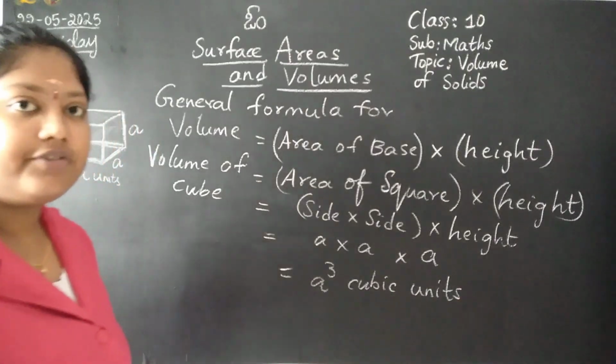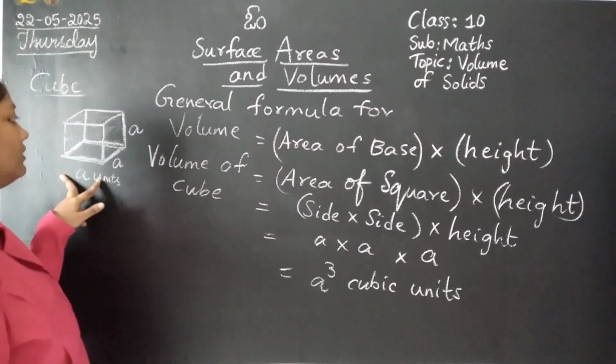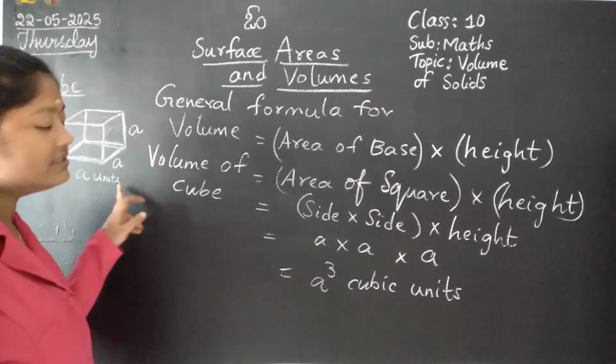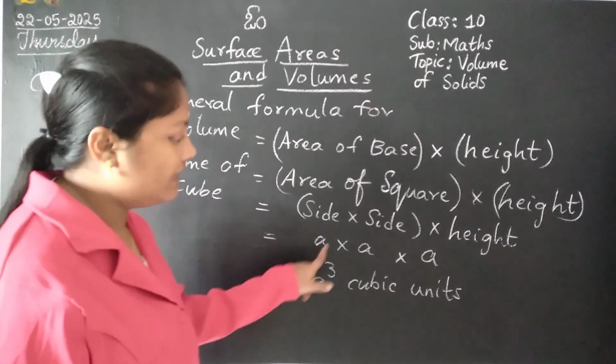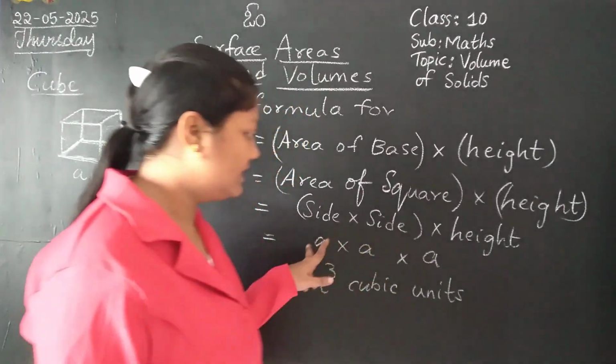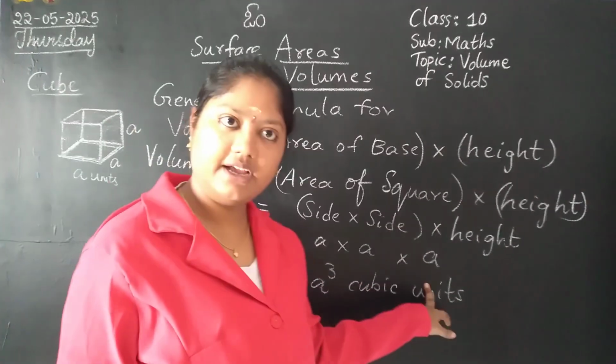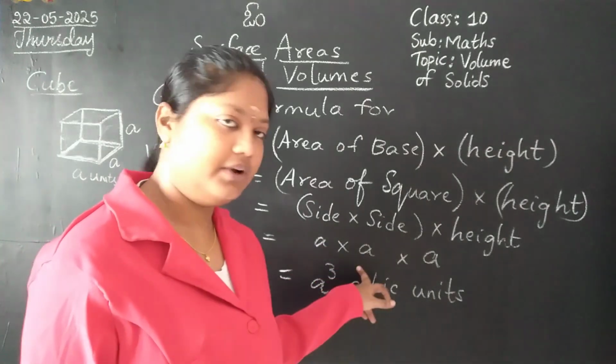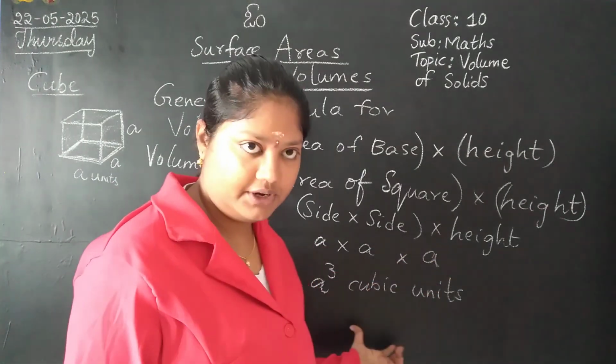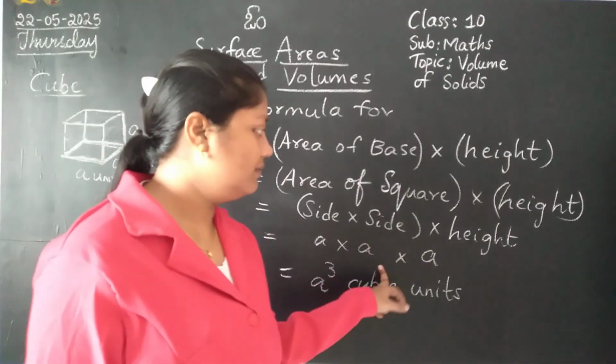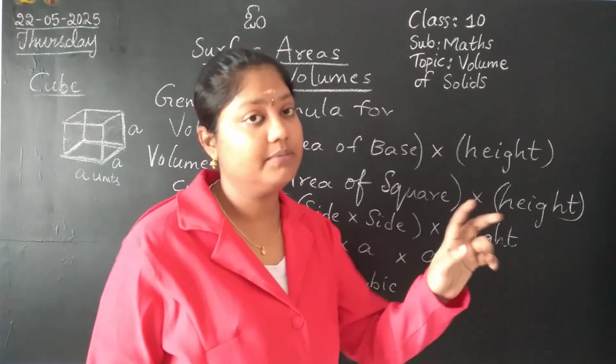For example, if you take the side of this cube as 5 centimeters, then the answer would be 5 centimeters into 5 centimeters into 5 centimeters. 5 into 5 is 25, 25 into 5 is 125, centimeter into centimeter into centimeter means centimeter cube.